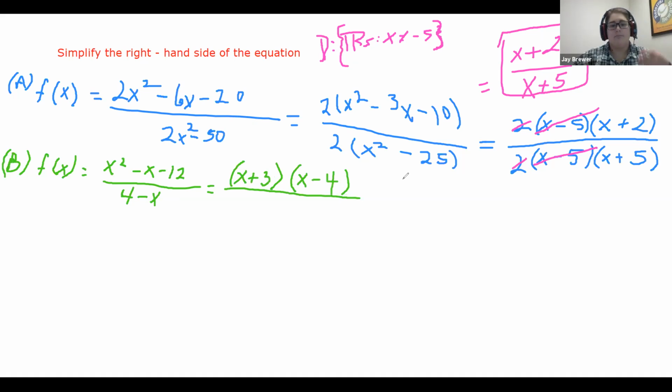Now let me ask you something before we move on. That x minus 4, what does it kind of look like to you? What are you guys going to want to do with that x minus 4, but you can't really yet?